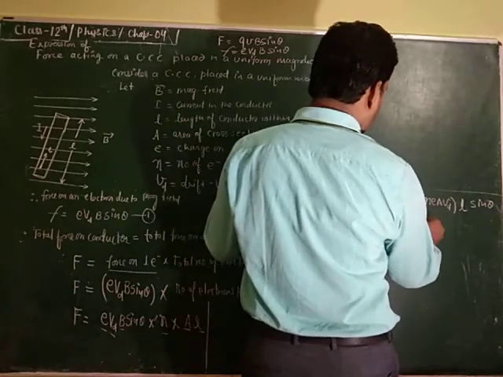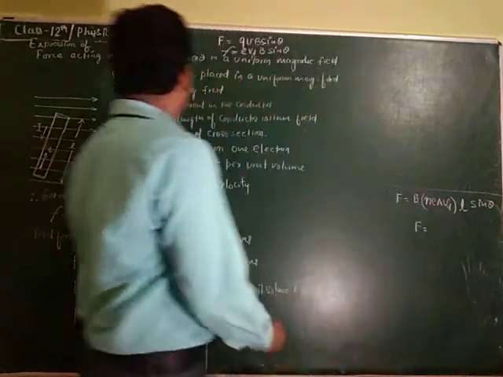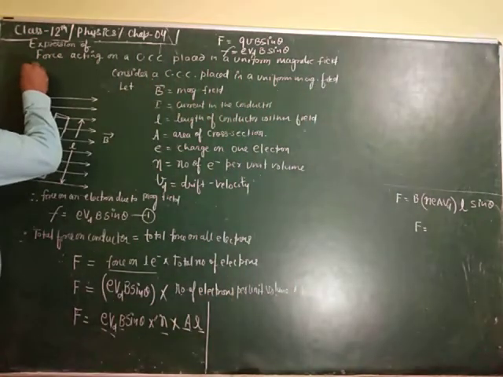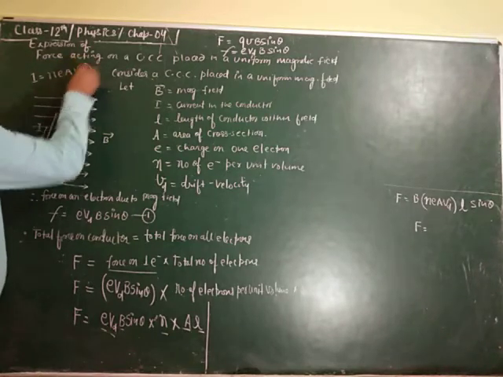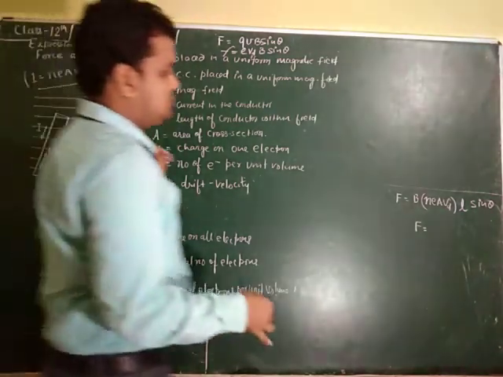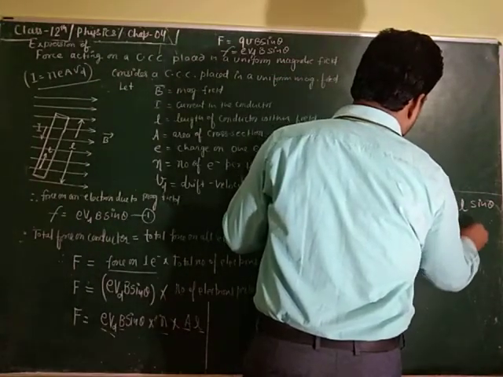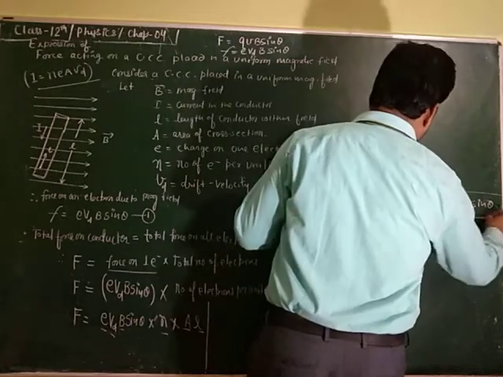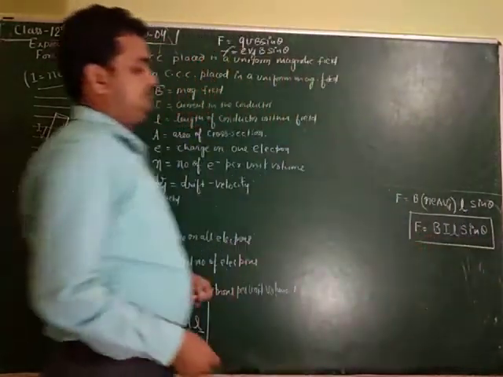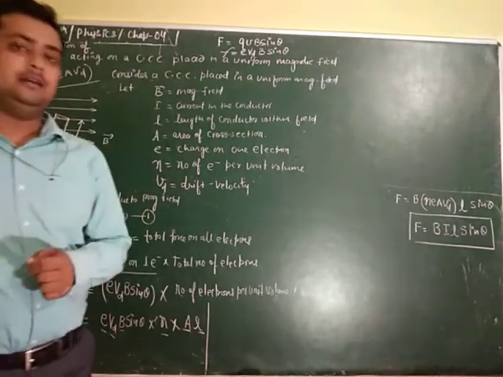You have studied in chapter number 3 that n e A v_d is equal to I. So this will become B I L sin theta, and this is the final derivation. The force acting on a conductor is equal to B I L sin theta.